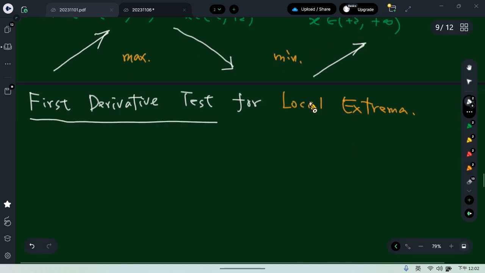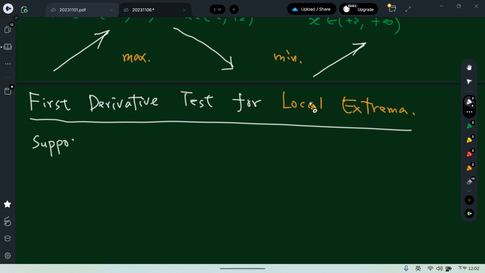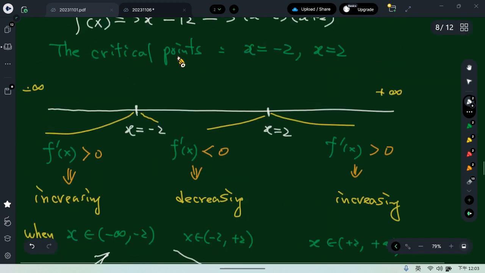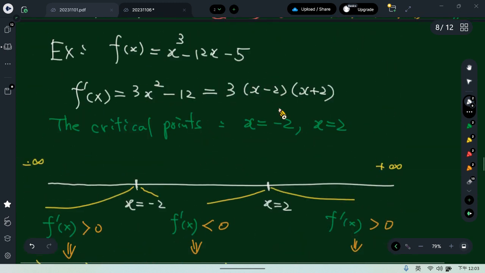This is very important. I already showed you the example. Suppose that C is a critical point, just like here, I showed you there are two critical points. So C is either this one or this one, right?